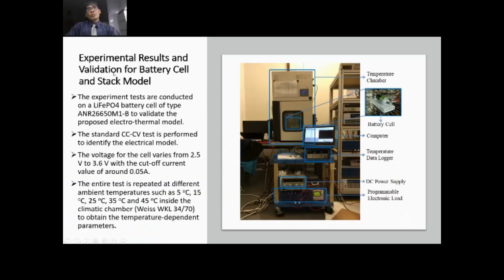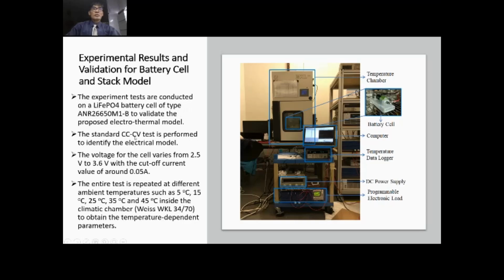But not only this analytical approach, we also need to validate our theory with the experimental results and the validations for the battery cell and also the step models. The experiment tests are conducted, as I mentioned, using the lithium-ion phosphate battery cell of type AMR 26650 M1B to validate the proposed electro-thermal models.